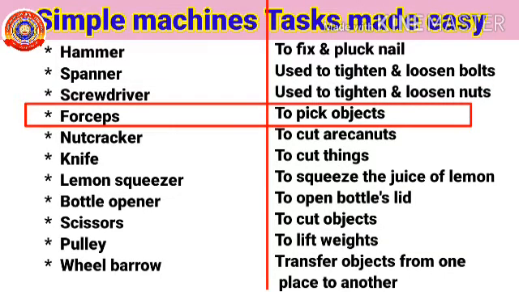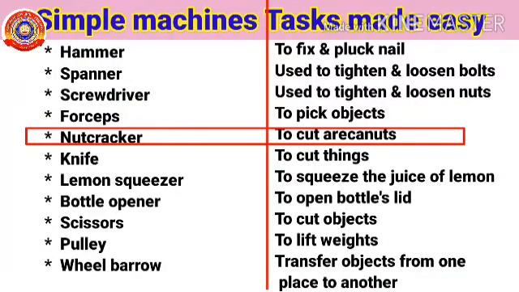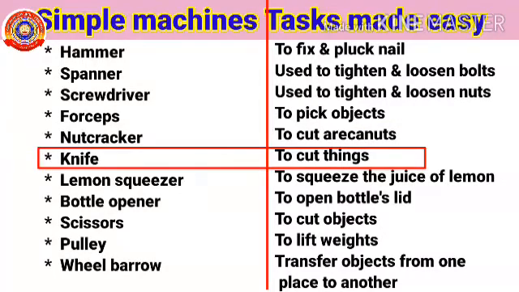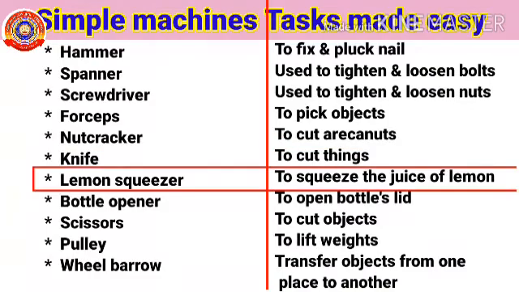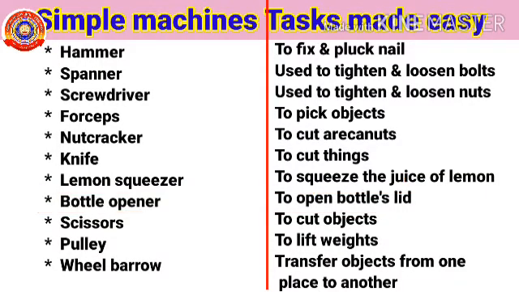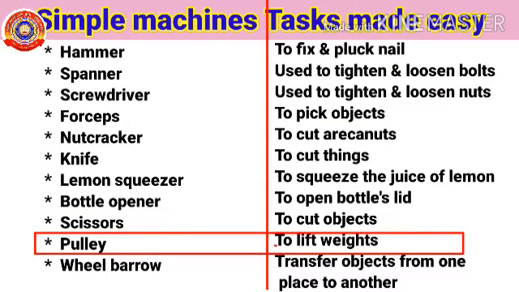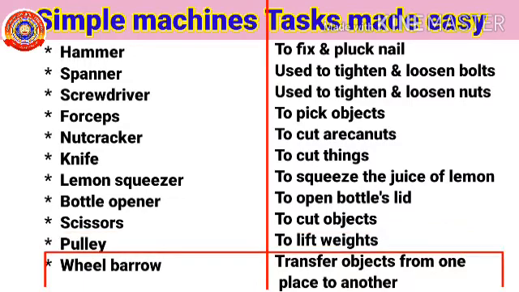Forceps, to pick objects. Nutcracker, to cut areca nuts. Knife, to cut things. Lemon squeezer, to squeeze the juice of lemon. Bottle opener, to open bottle's lid. Scissors, to cut objects. Pulley, to lift weights. Wheelbarrow, transfer objects from one place to another.